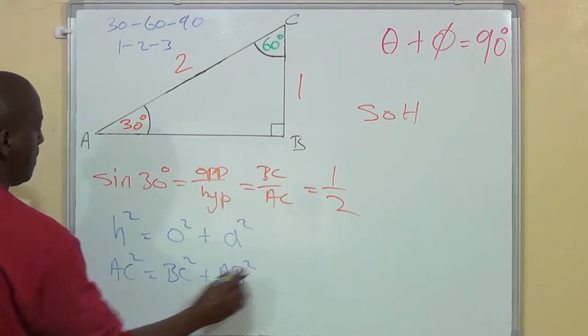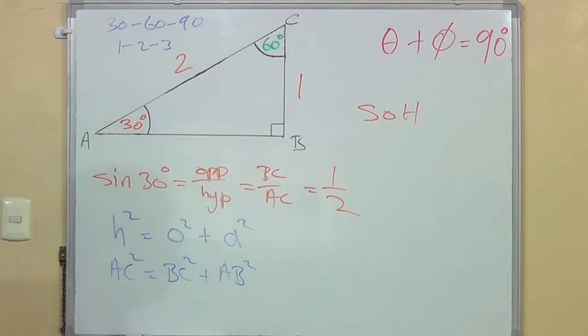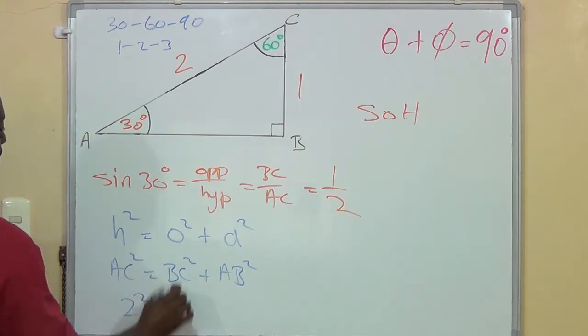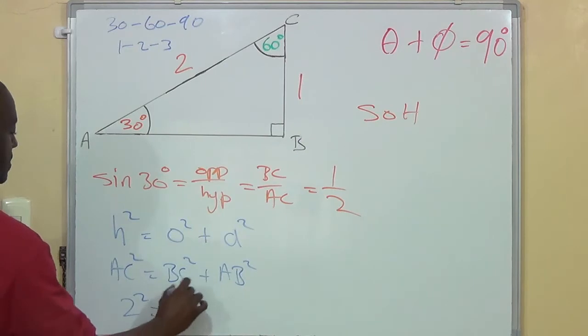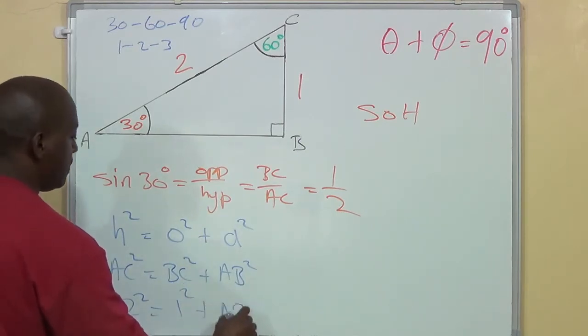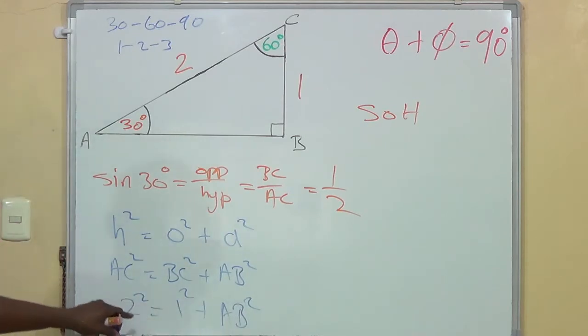Yeah? Now we could start to substitute values because we have the values. So AC is 2, so 2 squared is equal to BC squared, which is 1 squared, plus AB squared. Alright? So we have actual values here now.